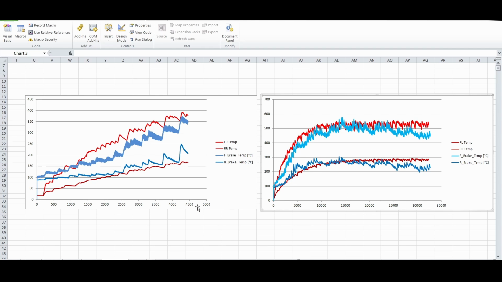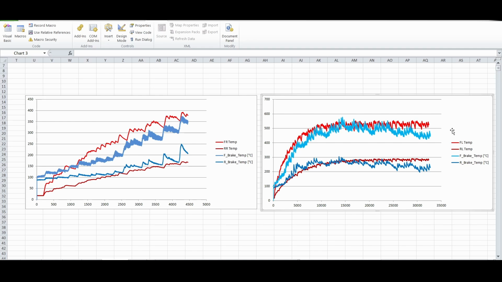You can see 5,000 meters compared to 35,000 over here. In these cases, maybe they don't match exactly here, but you may be able to get an idea of, for whatever circuit you're running, the maximum brake temperature, where in this case they kind of match. So they might not match exactly as far as how much they go up, but you may get an idea of the maximum brake temperature you're going to see.